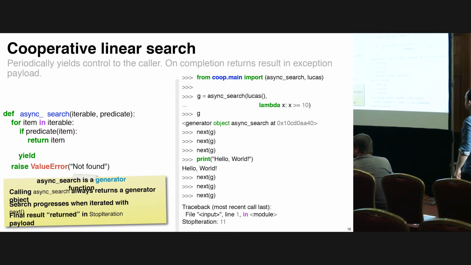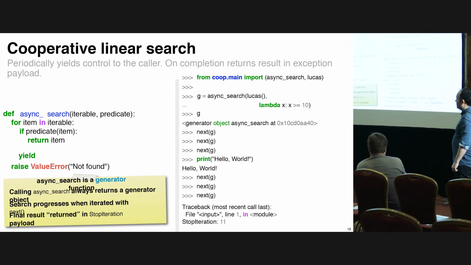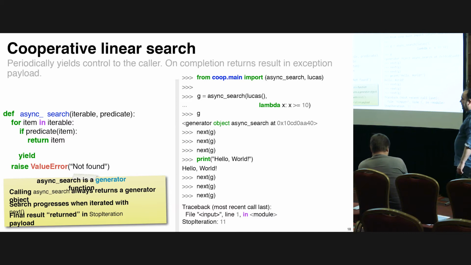Okay. Coroutine machinery is going to, oh yeah, that's what it is. Is that because StopIteration doesn't have a payload? It just says not allowed. Okay. You could try raising StopIteration.